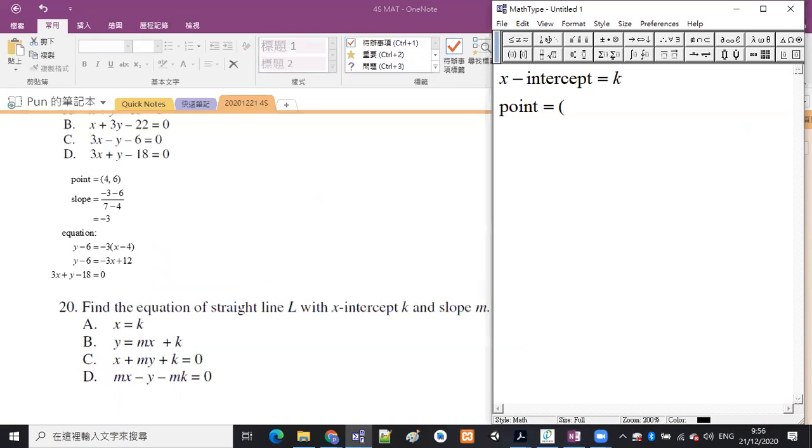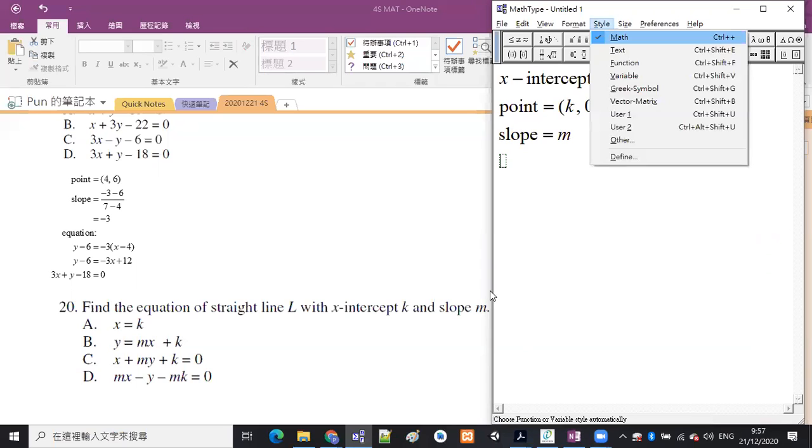X-intercept is on the x-axis. Any point on the x-axis will have y coordinate equal to 0. So this k will be the x coordinate, and the y coordinate of the point will be 0. And the slope is directly given to be m.